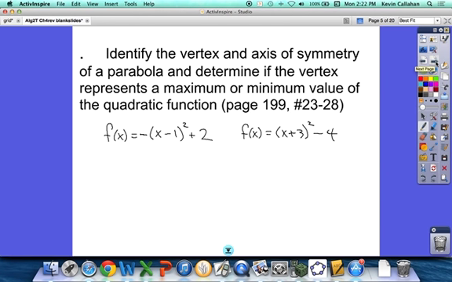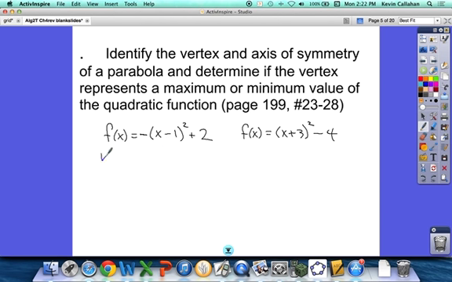Okay, identify the vertex, the axis of symmetry of the parabola, and determine if the vertex represents a maximum or a minimum value. And notice that it's in vertex form already. So you're not having to do negative b over 2a or anything like that. In this one right here, what is the vertex? (1, 2), right?